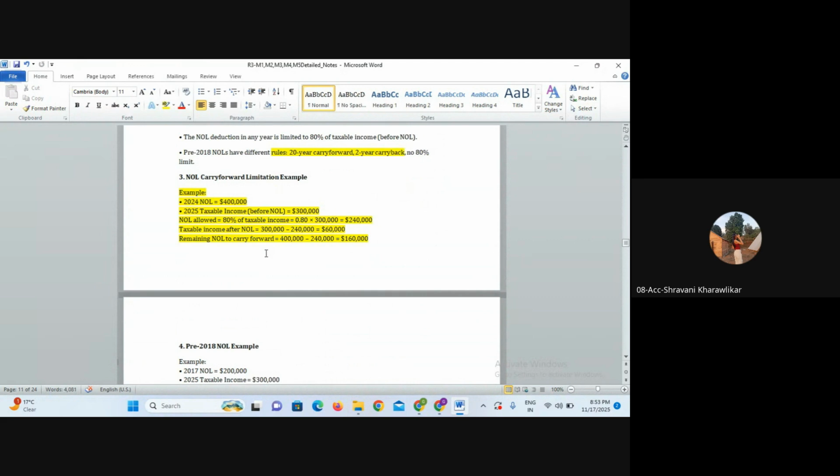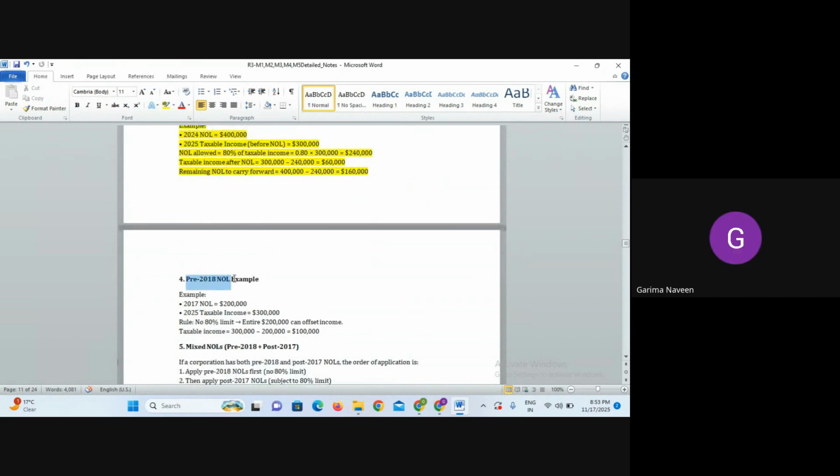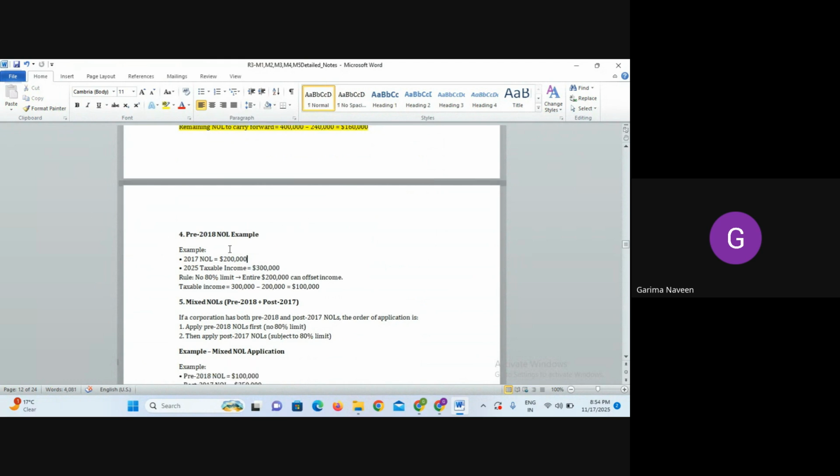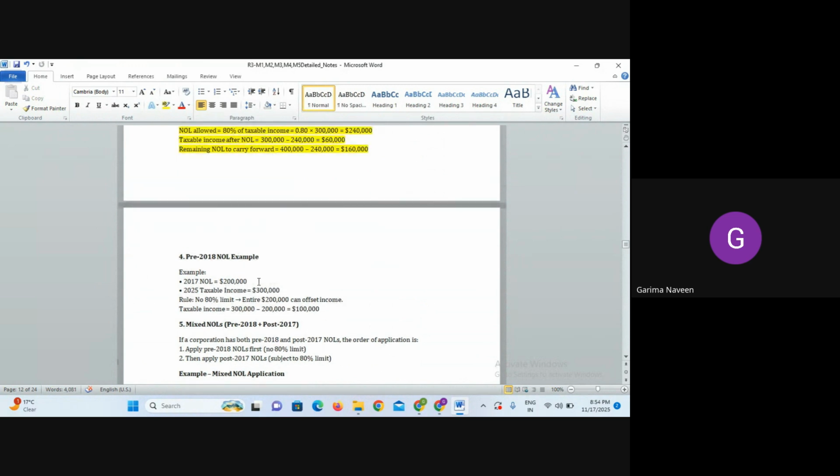Yes, ma'am. Okay, now a pre-2018 NOL example. Suppose in 2017 you have a loss of $200,000 and in 2025 you have $300,000 of gain. Since the loss occurred before 2018, you can carry back as well as carry forward, and there is no limitation to deduct these losses.